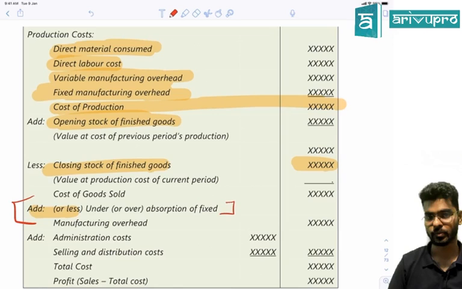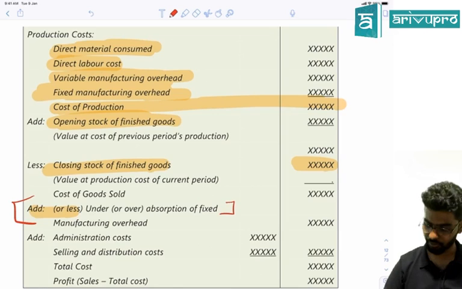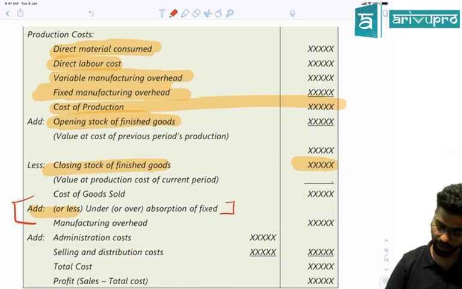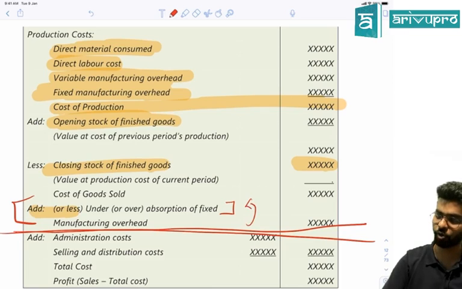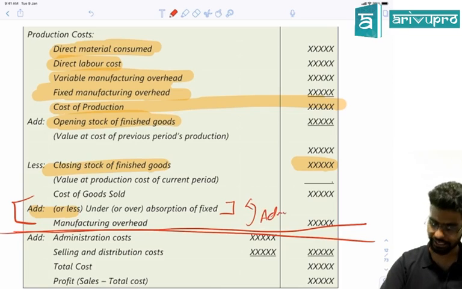Now, I want you guys to understand where this under absorption, over absorption is coming. This is coming before my administration cost. This is extremely important, and I'm telling you the reason why it is important.